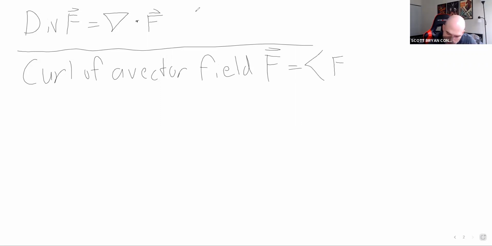And I want to emphasize F needs to be a vector field on R3. This is only defined for vector fields on R3, not on R2 or R4 or anything else, just on R3.